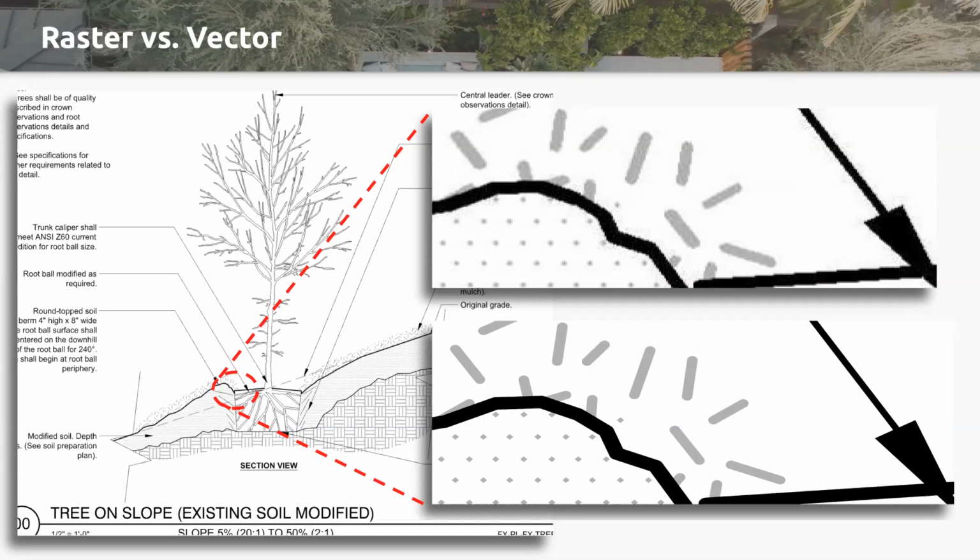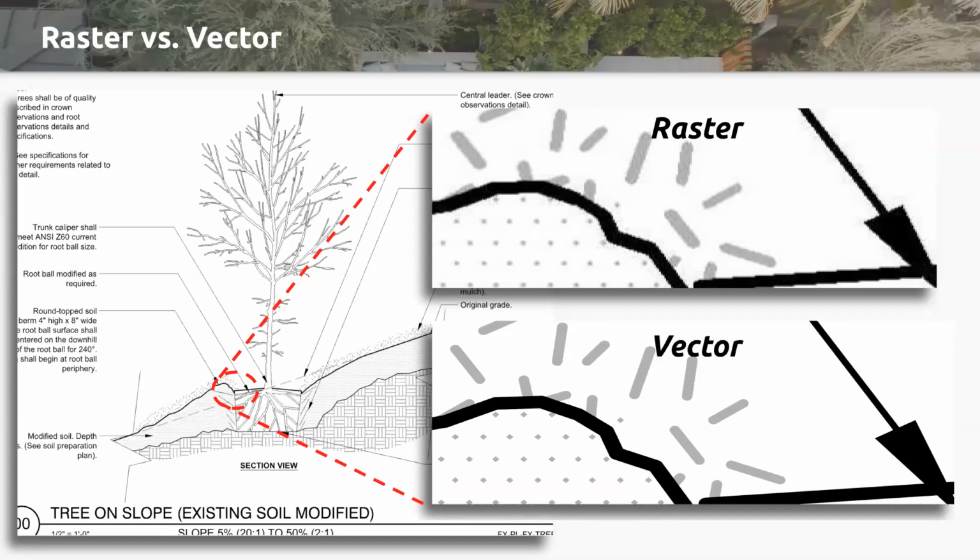Those are generally rasters, which means that the image itself is based on pixels. It's a set number of pixels, and you lose quality the bigger you scale it. And so the finer the pixels or the more pixels there are, the larger the picture is going to be.